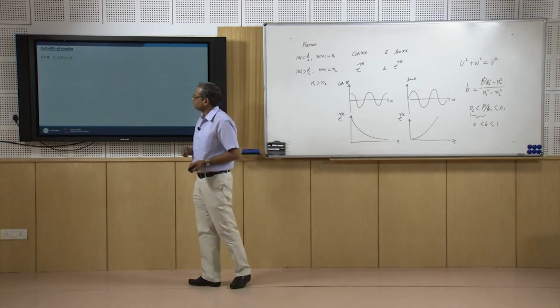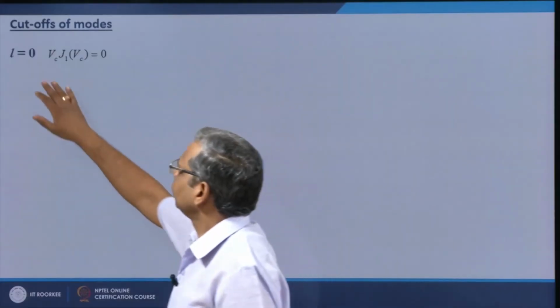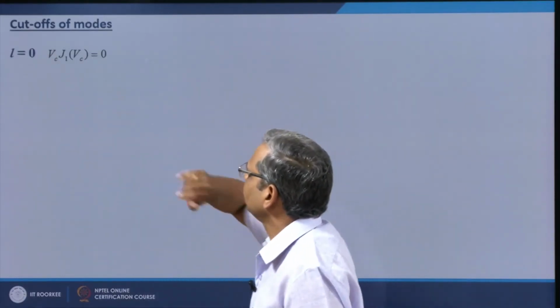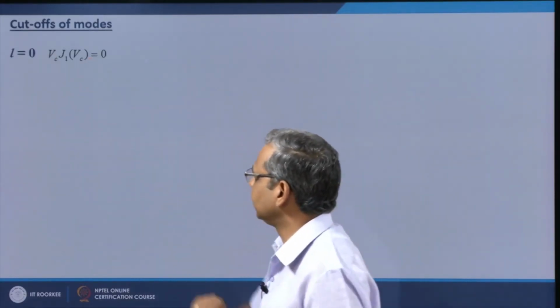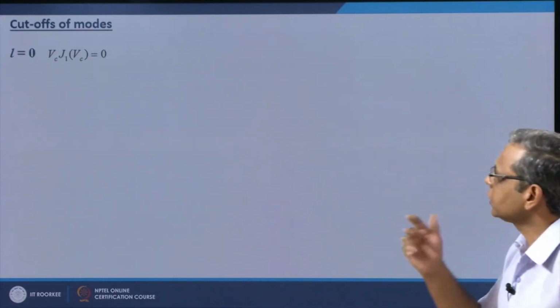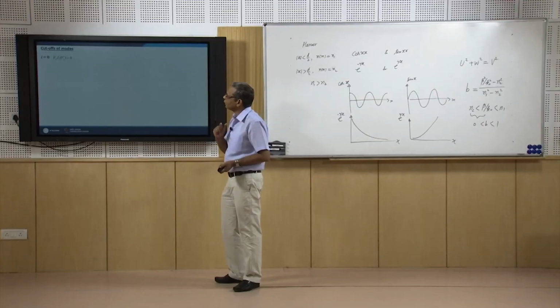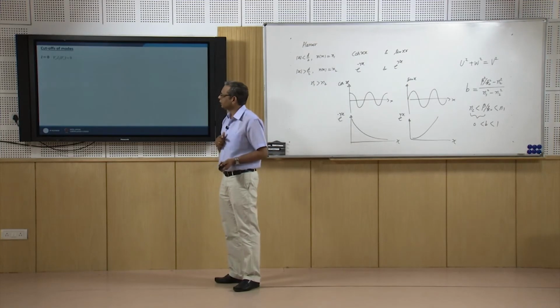Okay. So, let us first find out the cutoffs of L equal to 0 modes. Cutoff condition is Vc J1 Vc equal to 0. So, of course, the first root is Vc equal to 0 itself, and then let us look at how J1 varies with x, okay.